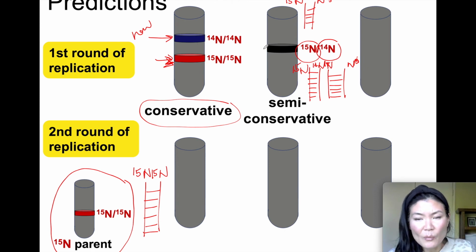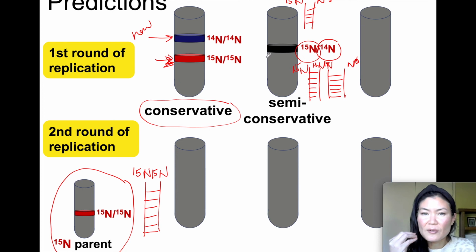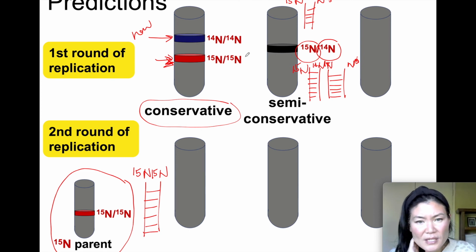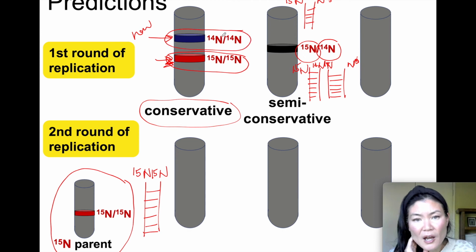So that's why when you centrifuge the DNA, it's in the middle, in between the nitrogen 15 line and nitrogen 14. This line right here represents DNA strands that are 100% nitrogen 15. This one shows the two strands of DNA made 100% with nitrogen 14.